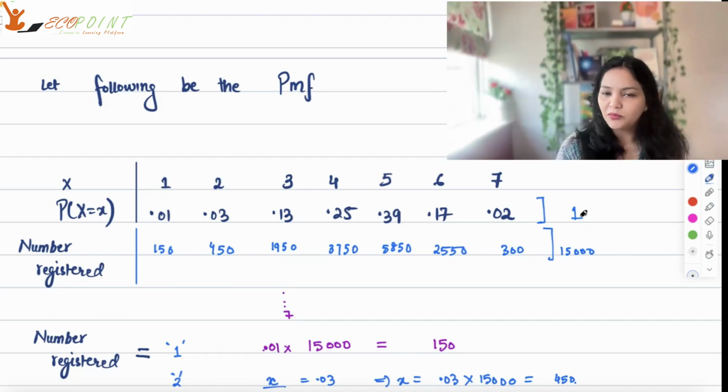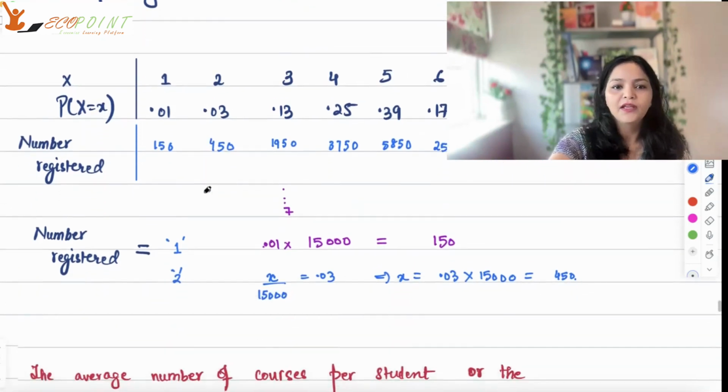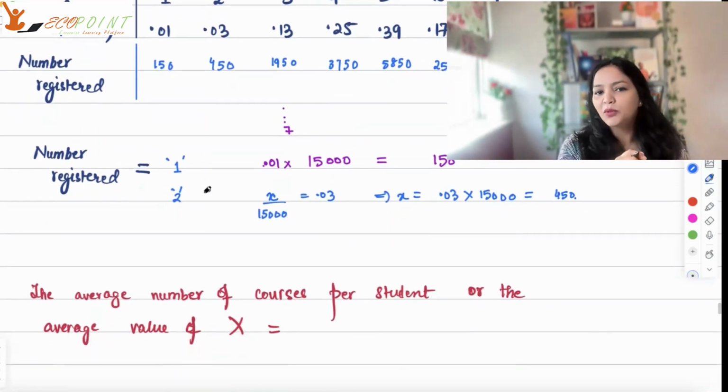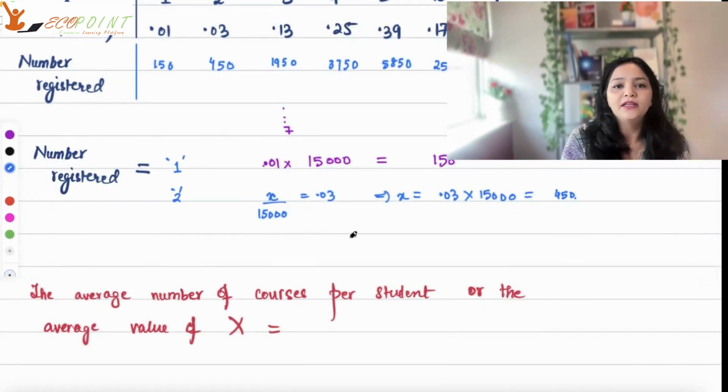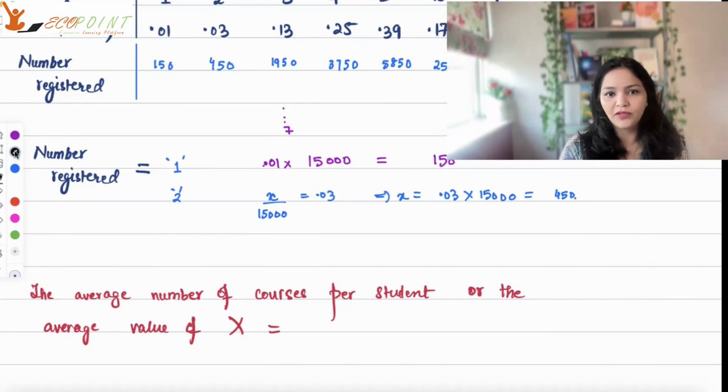Now, we have the number of students who are registering for 1, 2, 3, 4, and so on and so forth till 7. The average number of courses per student or the mean value of X, logically speaking, what will that be? I'm not asking you for the formula here. I'm asking you, logically speaking, if you ever have to give me the mean or the average number of courses per student in this scenario, what will it be?